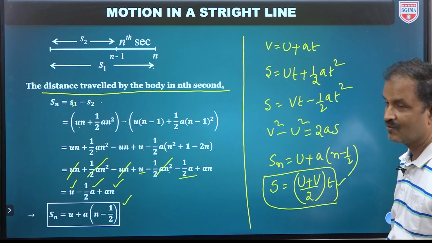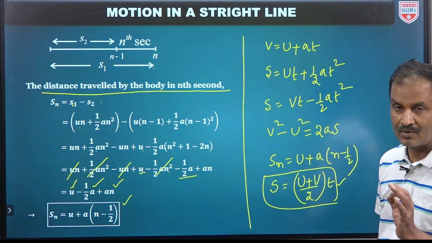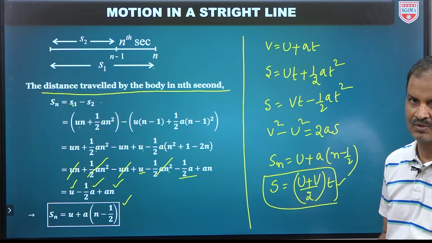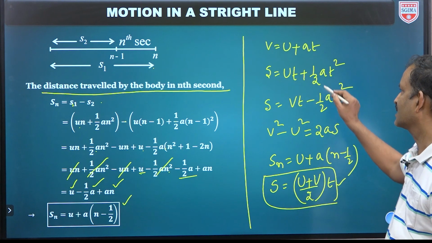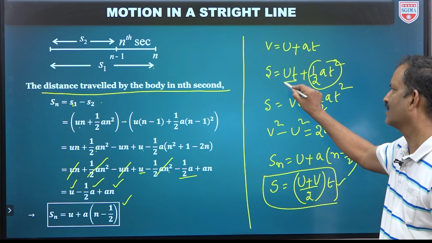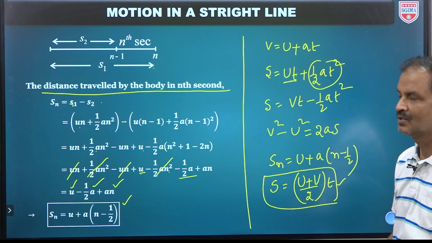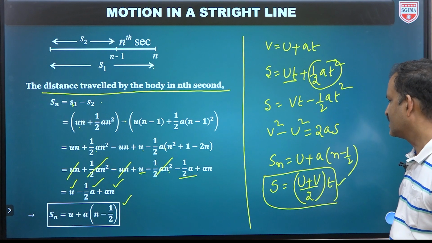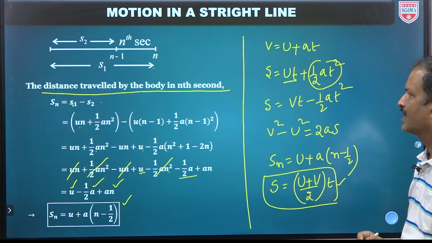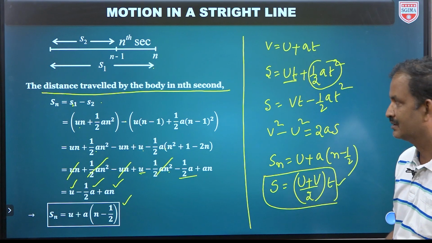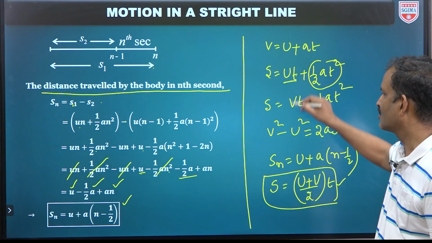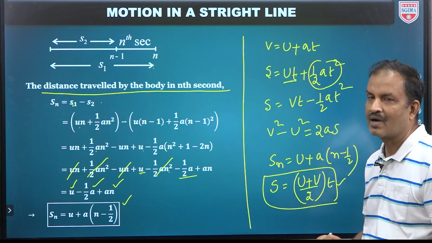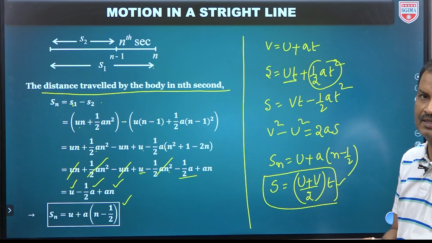All these formulas are applicable only if the body is moving with uniform acceleration. Suppose acceleration is 0, then displacement is velocity into time. These are the equations of motion. We frequently use all these formulas in physics. Without these formulas, you can't do any problem anywhere in physics.